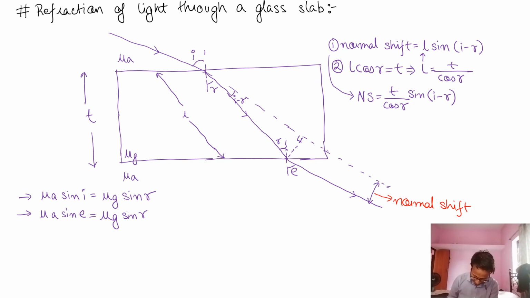So if I divide these two equations, mu g sin r and mu g sin r would get cancelled, mu a and mu a would get cancelled.